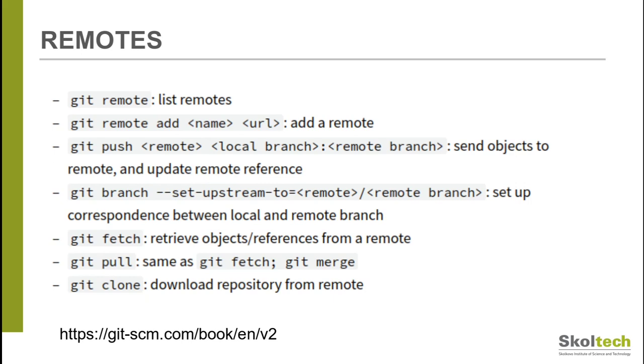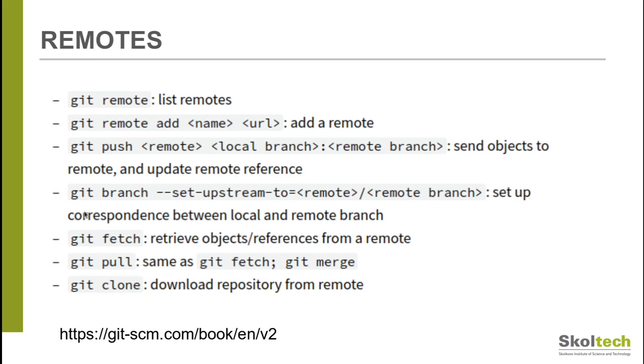You can use the git remote command to list all remotes available to your current repository. You can use git remote add to add a new remote to your local repository. Git push to send all your commits to the remote. Git branch to set up correspondence between a local and remote branch.